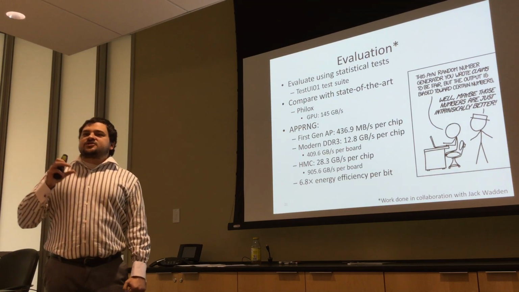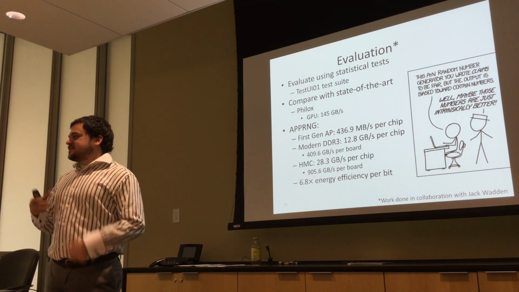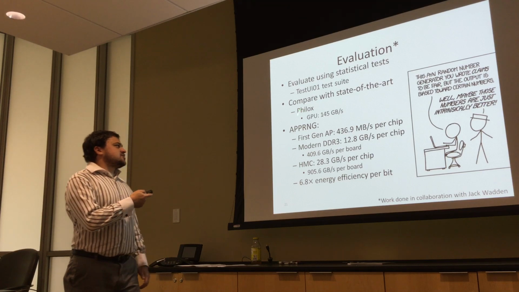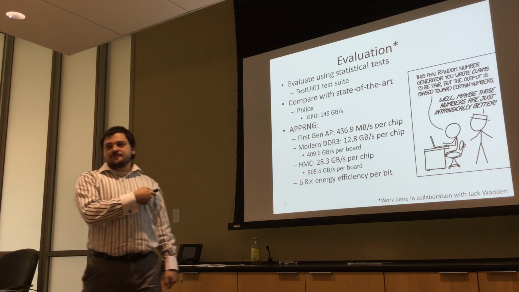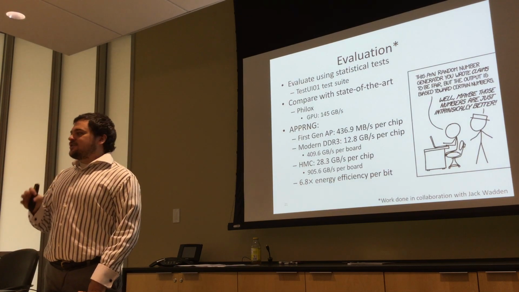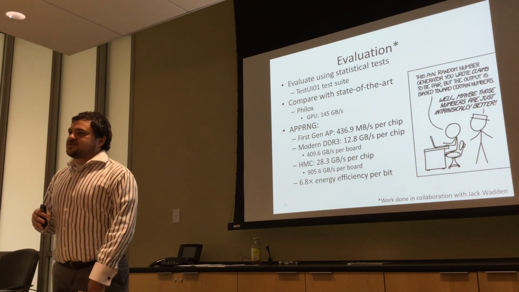We also used this to try to optimize APPRNG, to see what kind of throughput we can expect in practice. We compared this to the Philox algorithm, which we identified as the state of the art in high-throughput pseudorandom number generation.